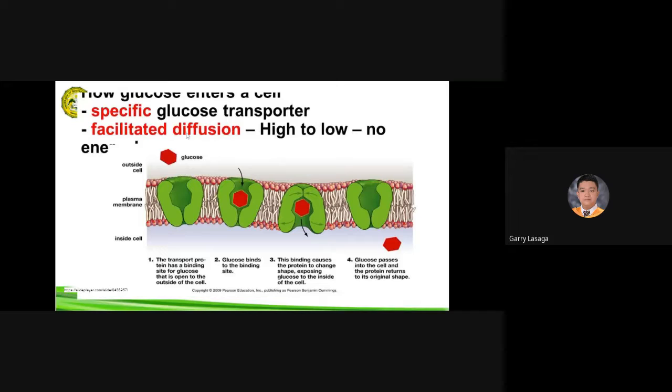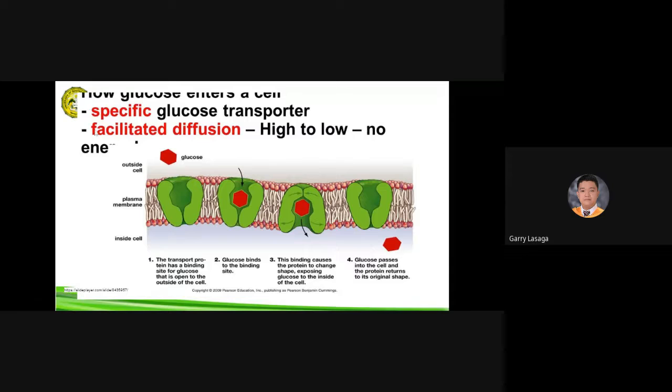As long as there is a higher concentration of glucose in the blood plasma outside the cell, these glucose transporters will also be present in order to facilitate the transport of glucose from the outside to the inside of the cell.